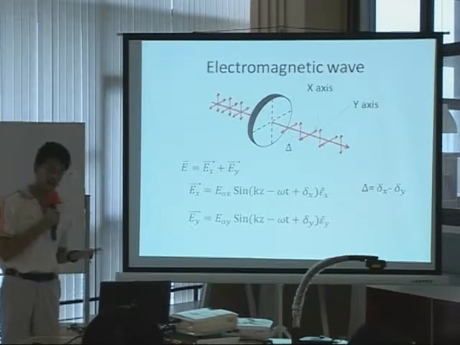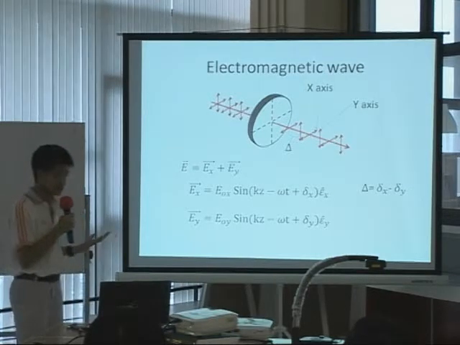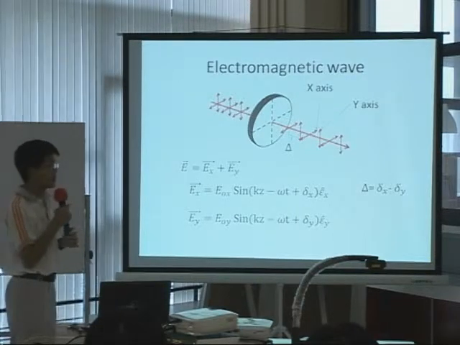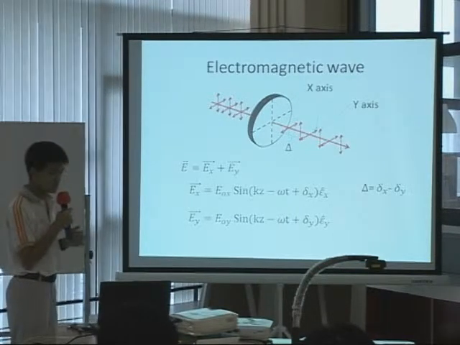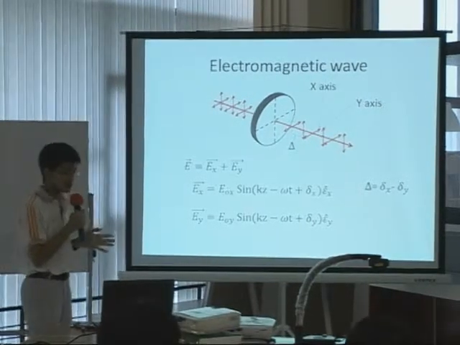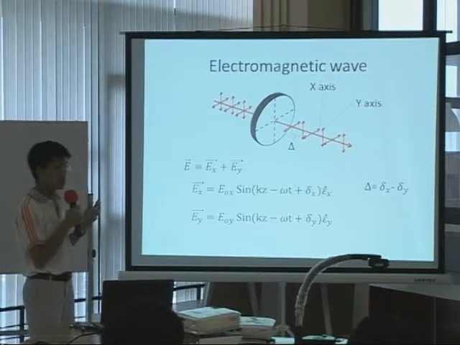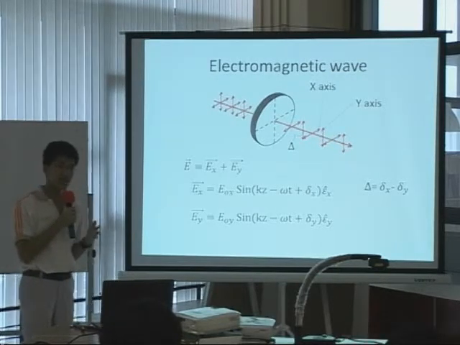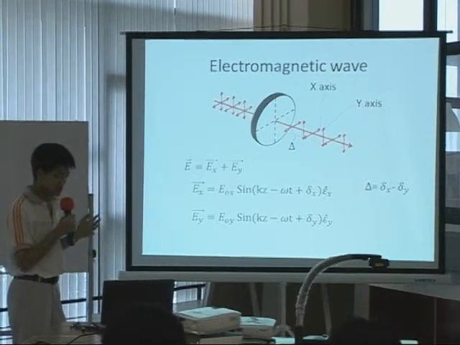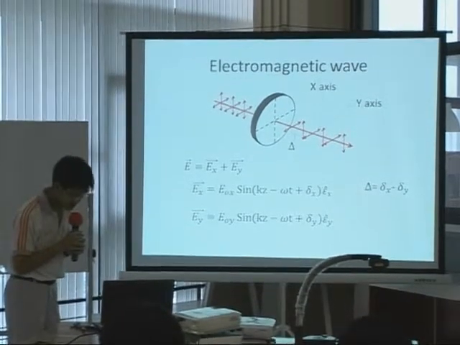Next, we'll look at the theories. First is electromagnetic wave, which we will be only interested in the electric field. The electric field we can see as 2 components, the X component and the Y component.